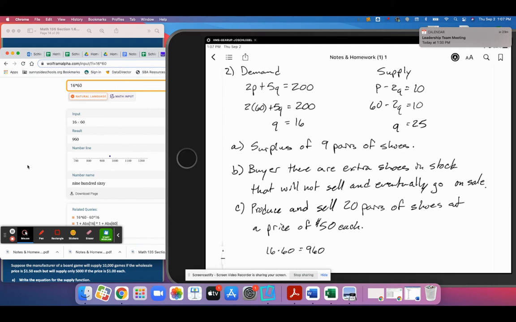Instead of only selling 16, we would sell 20 pairs, and we would see that 20 pairs selling at a price of $50 each would result in an income of $1,000. And so we would actually make more money by dropping the price a little bit, because we would end up selling more pairs of shoes by doing so. And that's really the true benefit of market equilibrium, is this notion of finding the sweet spot where we set our price right, selling an item such that it is attractive to consumers, they buy it, and they buy as many of them as we have available to sell.